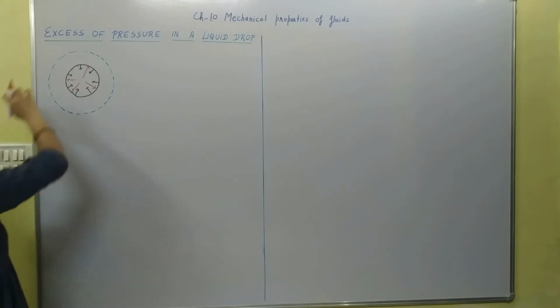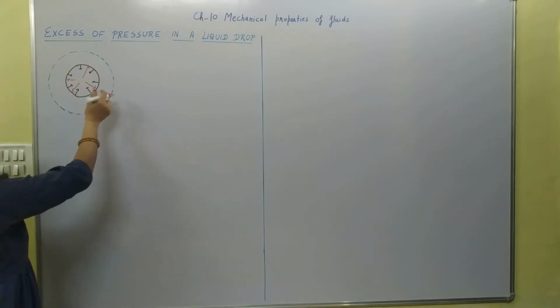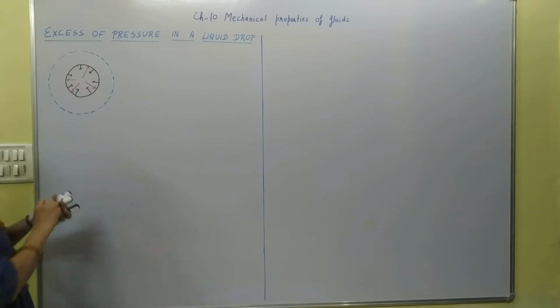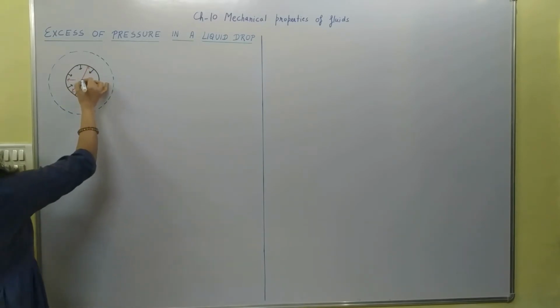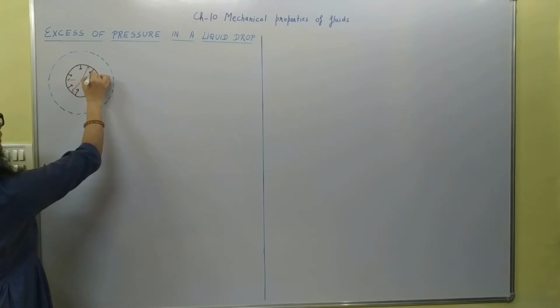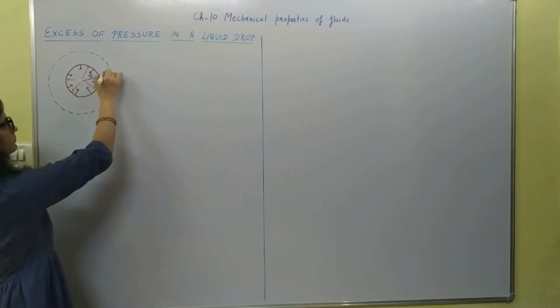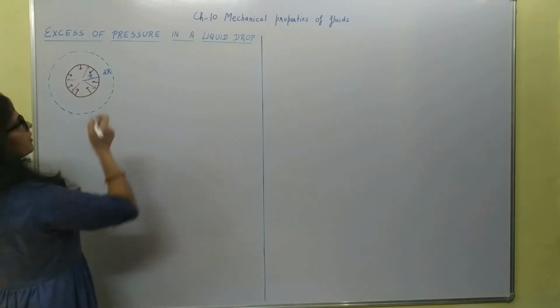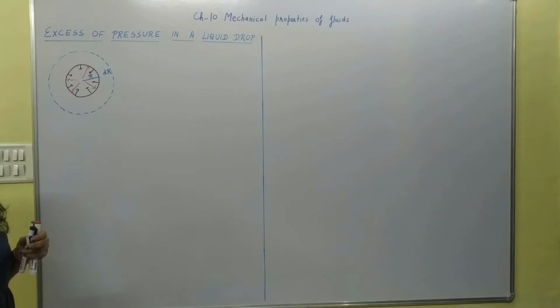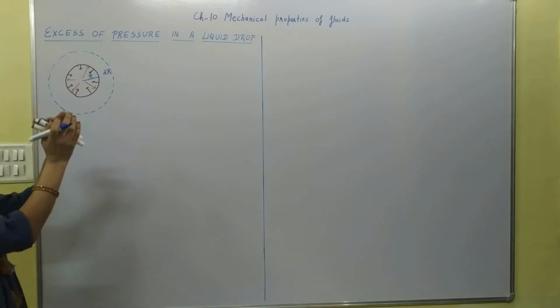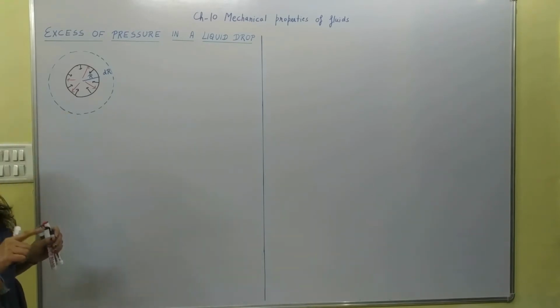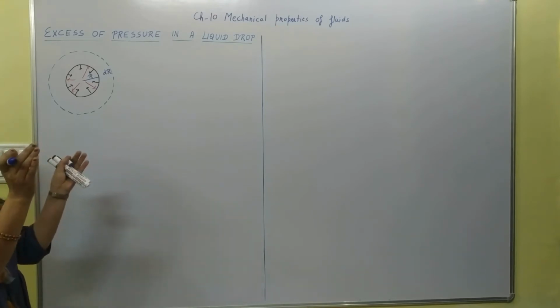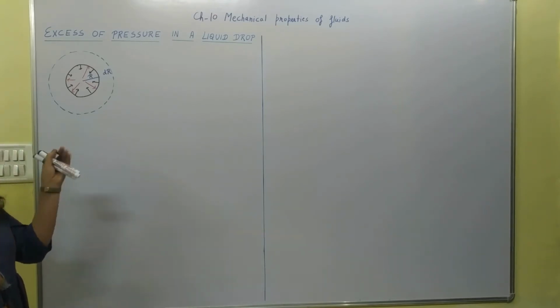So that's why, if this is the drop and we say that the radius of the drop is r, this is the change in radius to counterbalance that and to keep the drop in equilibrium, then the work will be done by the surface tension force trying to contract it. Equal work will be done by the excess pressure force to counterbalance it and to keep it in equilibrium.